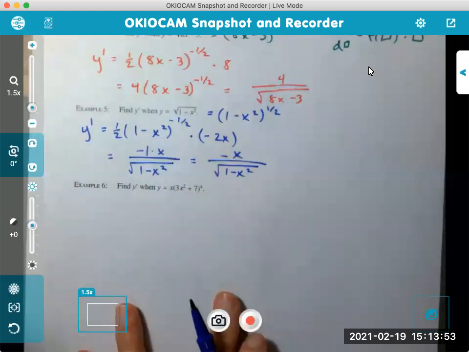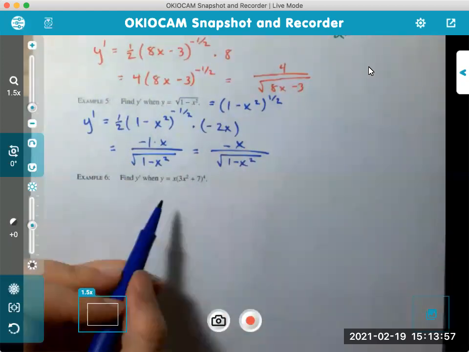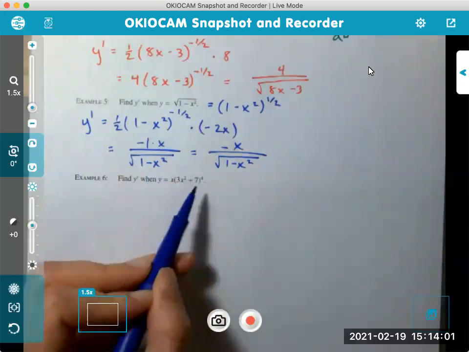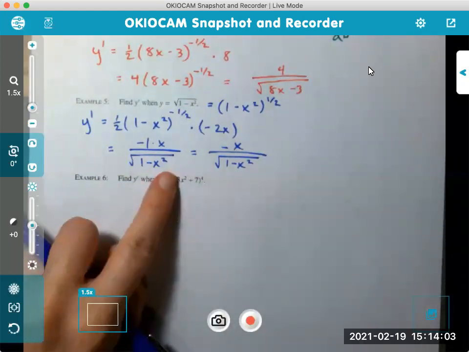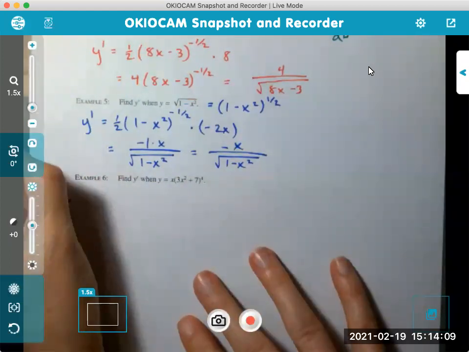Okay, example 6. Here, this is a little more complicated because we have x times this composition, right? We've got something inside. So here, we're not only going to do chain rule, but we also have a power rule.